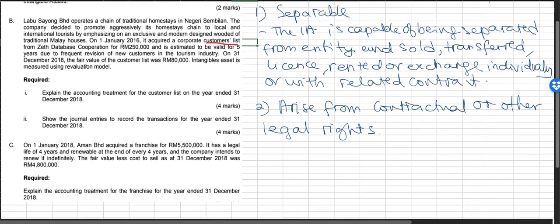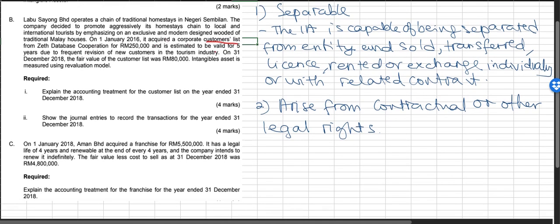Customer list is an intangible asset because these are the customers that purchase your product, from which you can generate income. An asset is a resource that enables you to generate income.